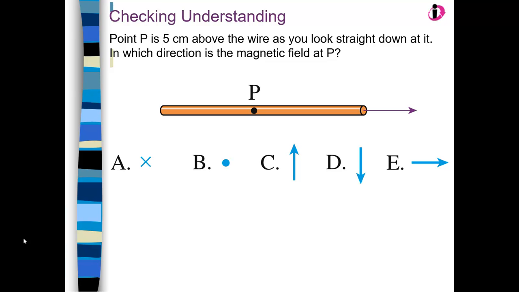Okay, and then we curl the magnetic field around, and you can see at point P, where it's outside the page, the magnetic field is actually moving down, D. Okay, so it's going down on the page, because your right thumb is moving to the right, and if you curl your fingers around when they're outside of the page, then they go down.